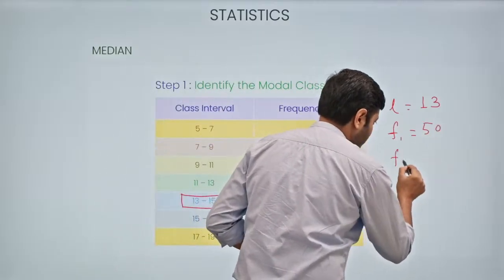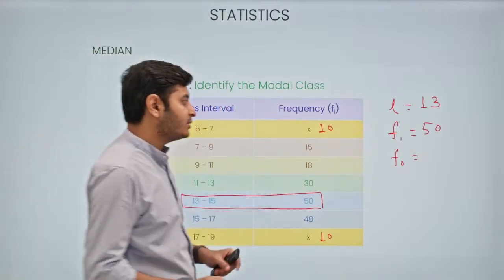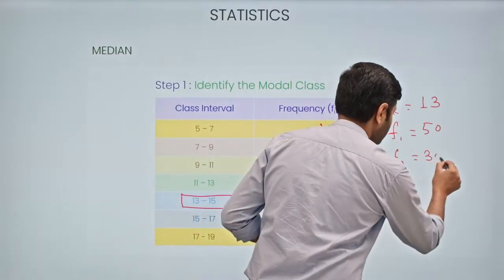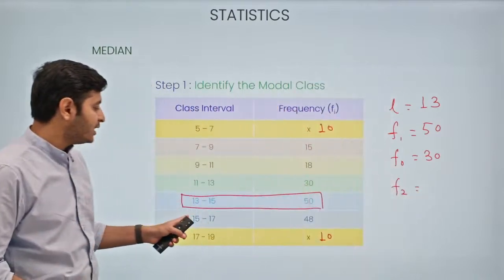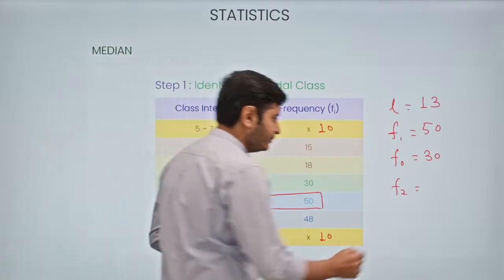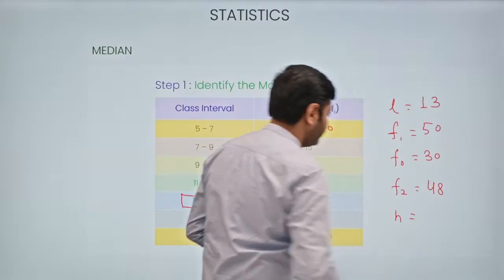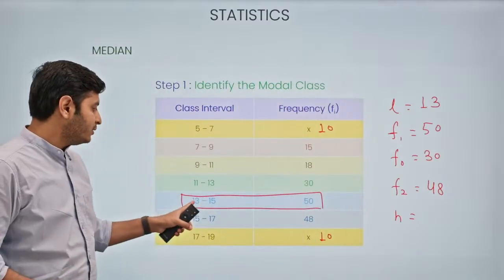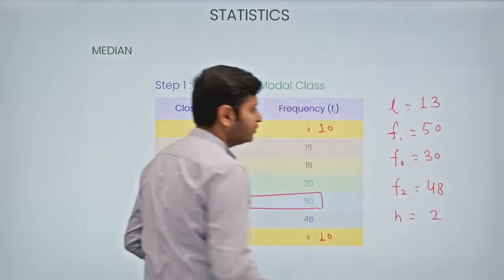Then we need F0, the frequency of the class interval before the modal class, that is 30. We need F2, the frequency of the class interval after the modal class, 48. And we need the value of H, the class width, 15 minus 13, that is 2. Only these values we need.